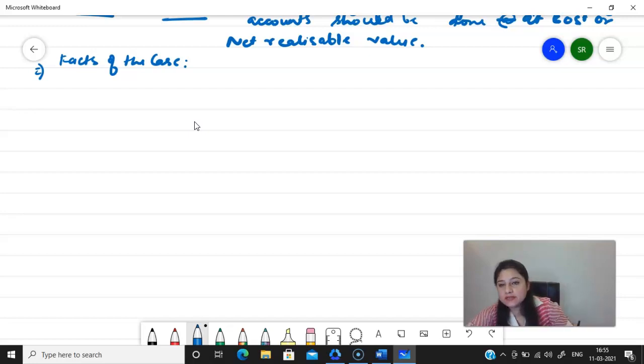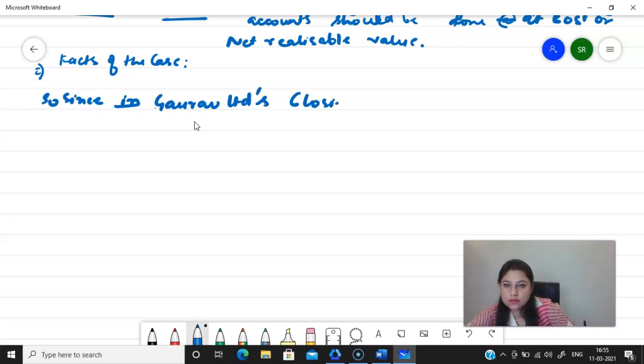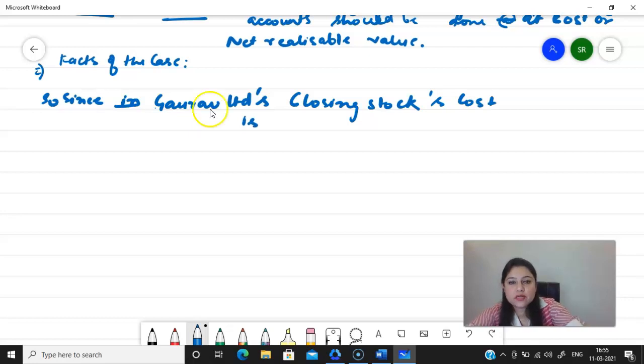So here you will specify that Gaurav Limited's closing stock's cost is, as we have shown here in the working.